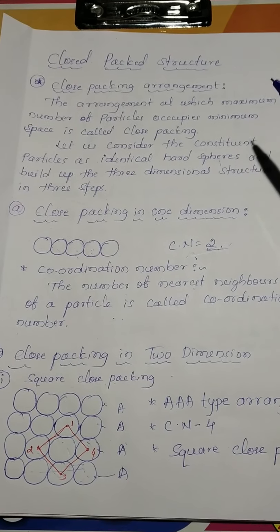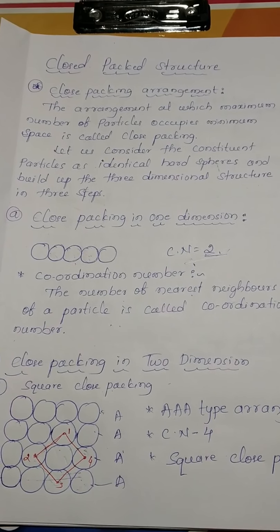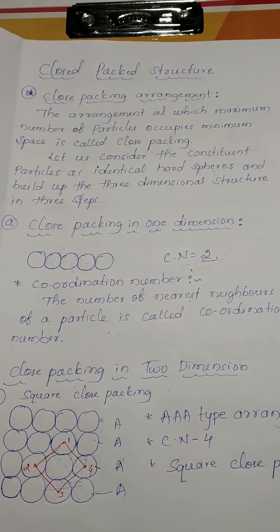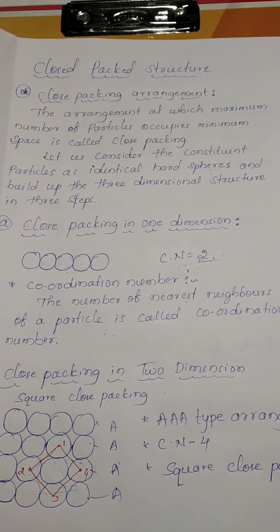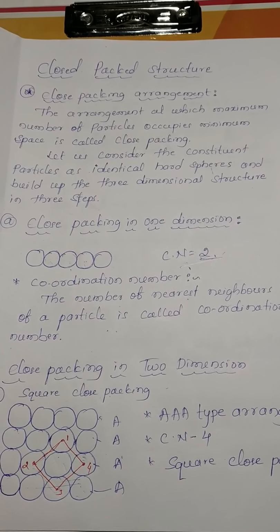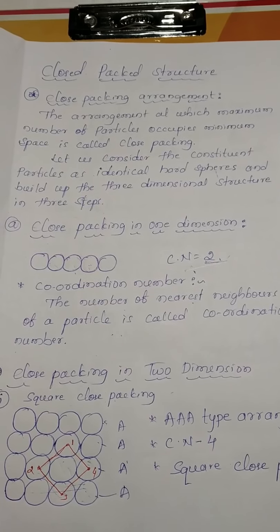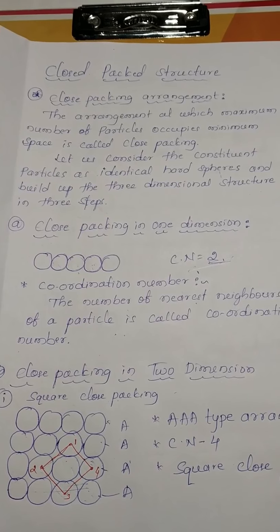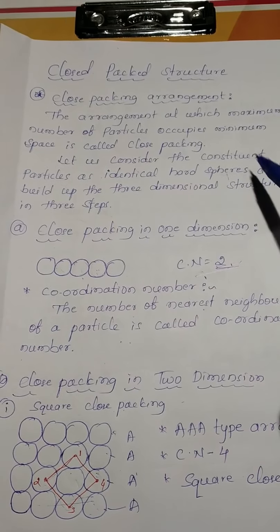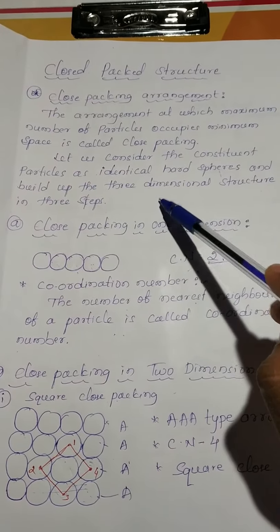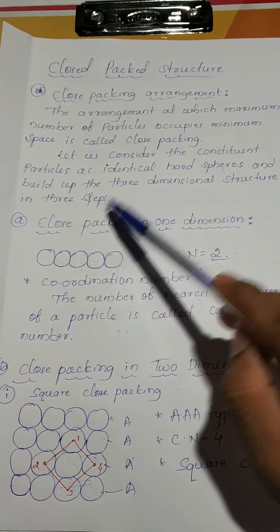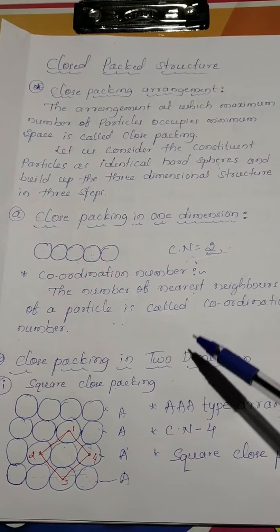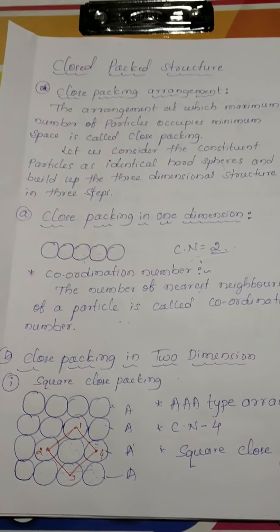Constituent particles may be ions, molecules or atoms, but instead of these I am going to use the word sphere. The steps are close packing in 1 dimension, close packing in 2 dimensions and close packing in 3 dimensions.